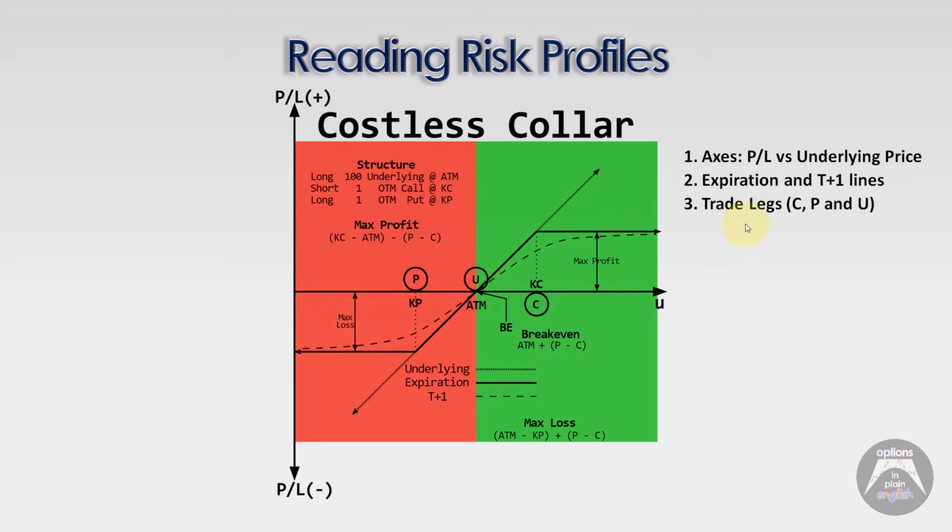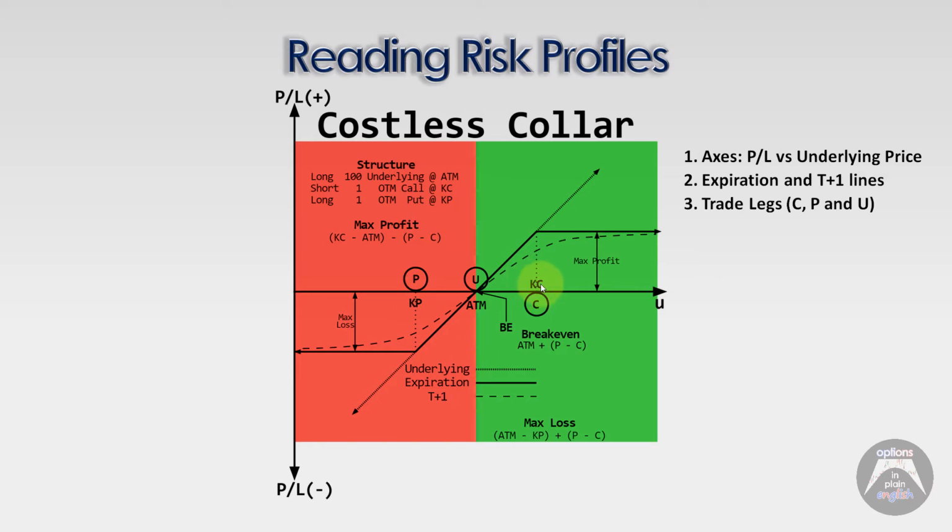Then the trade legs. All the different elements that you need to build the position are calls, puts, and underlying, so stock. The way it works here is you have the different prices. These would be price points.